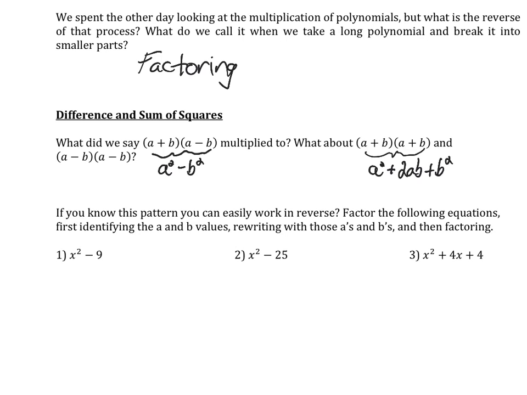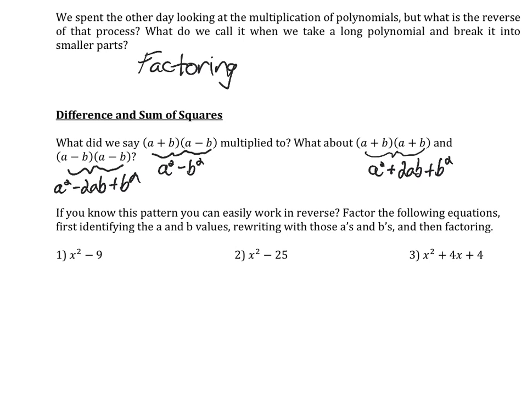And I told you these patterns were important. They're going to come back to play today. Then lastly, what is a minus b times a minus b? Well, that was a squared minus 2ab plus b squared. So let's take a look at those patterns, and let's see if we can apply them to the factoring patterns we see here.